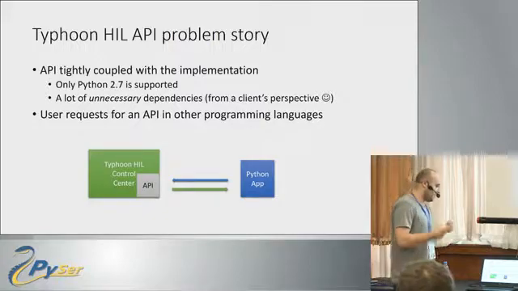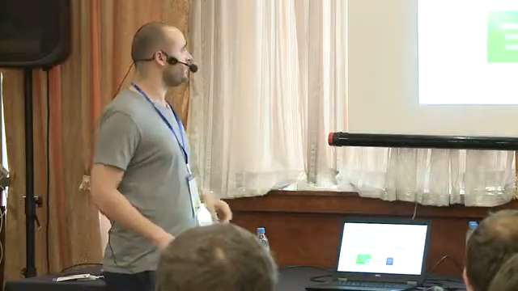They were really tightly coupled, which means that we cannot change anything underneath the API because it will directly affect the client. And as Mecca said, Python 2.7 will soon be kicked out. So we have to do something to change how our software works, but without affecting the client's code.